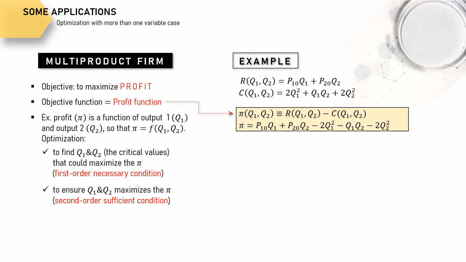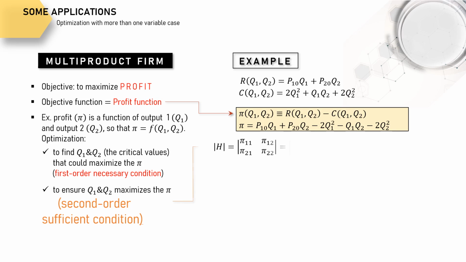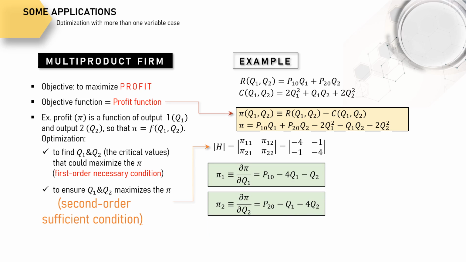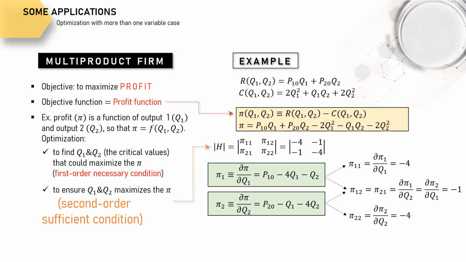How about the second order condition? Well, we just need to find the Hessian determinant and its successive principal minors. With two choice variables, the Hessian determinant is this. It is obtained from the following. These are the first partial derivatives calculated previously. From each partial derivative, we get two second partial derivatives that fill the Hessian elements.